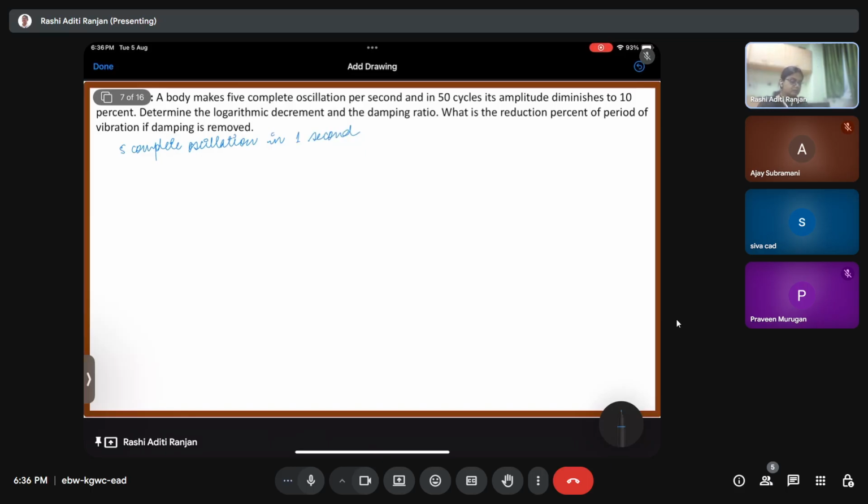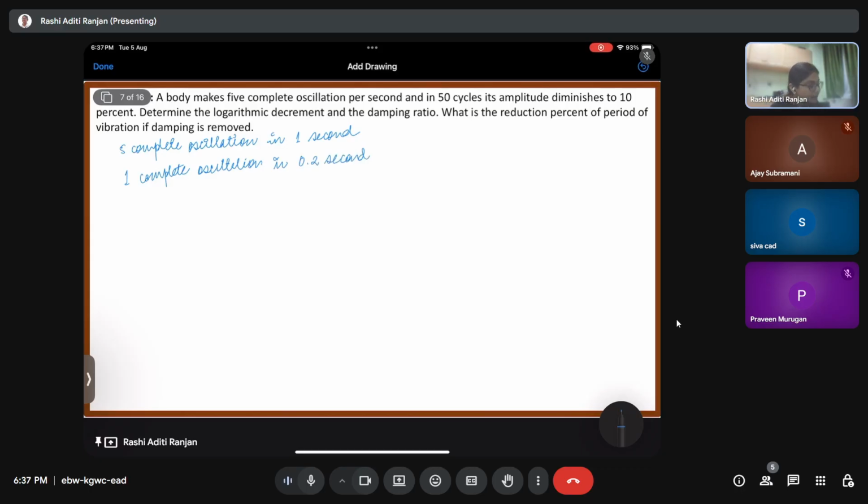So from this, what do I get? I get that it completes one oscillation in 1 divided by 5, which is 0.2 second. And from this, we can also evaluate the frequency.